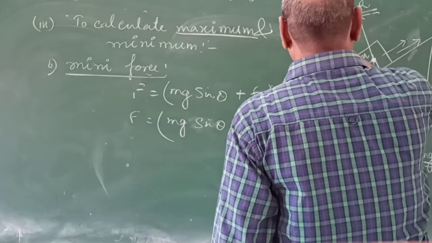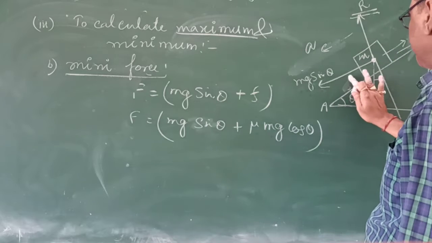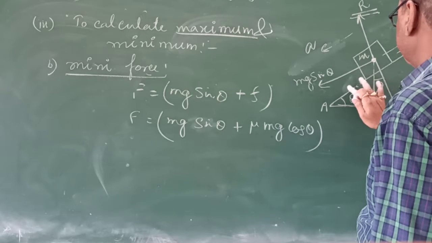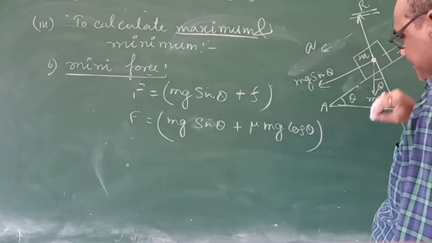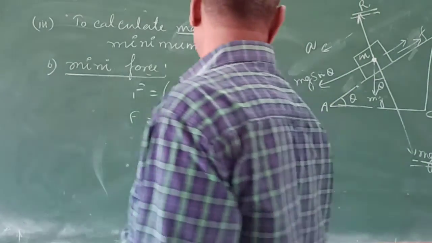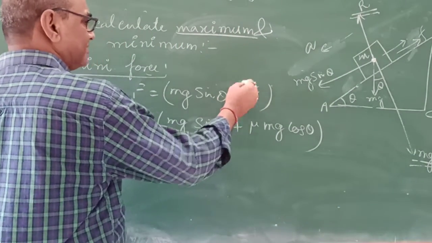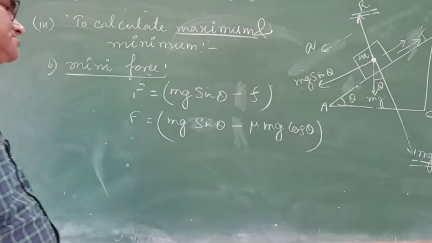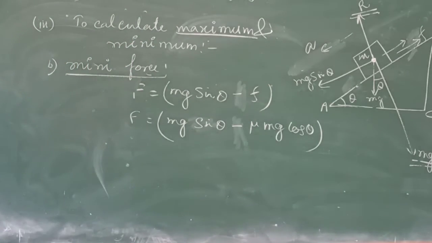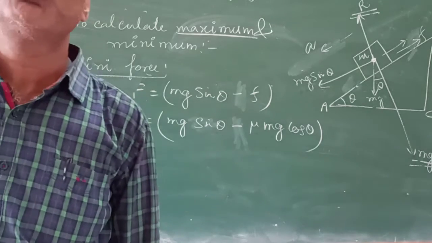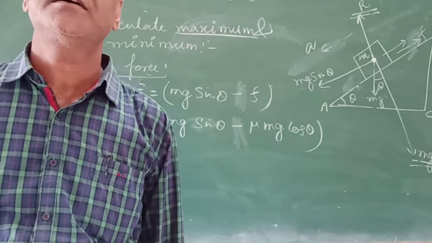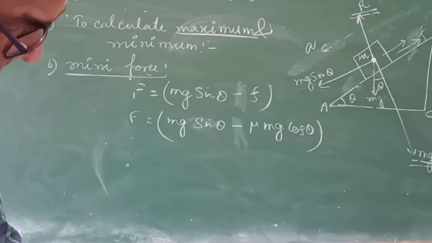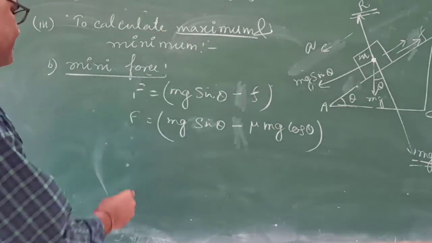Body is accelerated in the downward direction, so that the force of friction comes into play in the upward direction. Now we remove the plus sign and here we write minus. That is the minimum force required to move a block on the inclined plane. Is it clear?